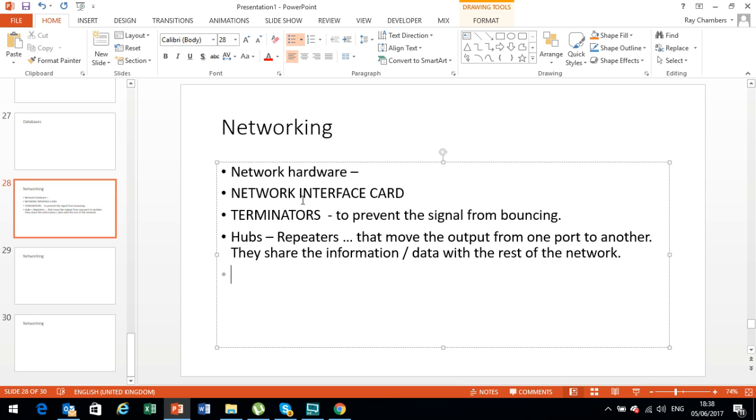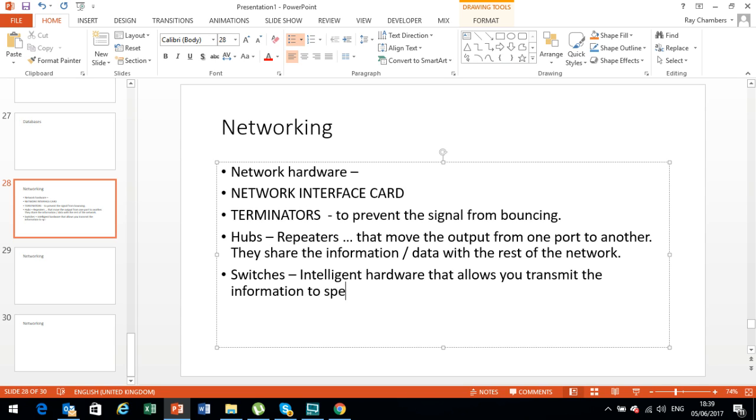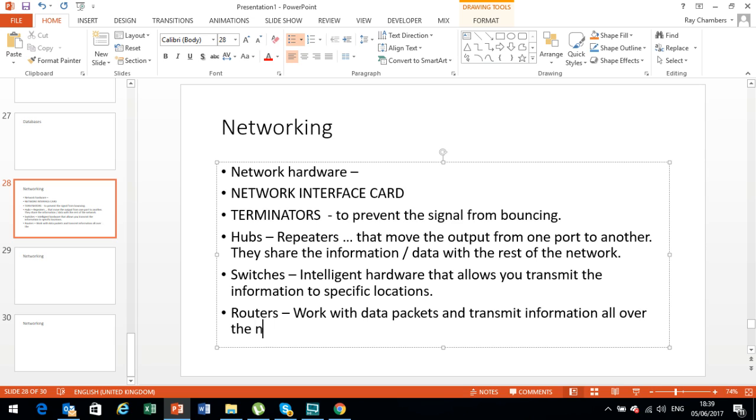You've also got switches. Switches are intelligent hardware that allows you to transmit the information to specific locations. You've also got routers. Routers allow us to work with data packets and transmit information all over the network.